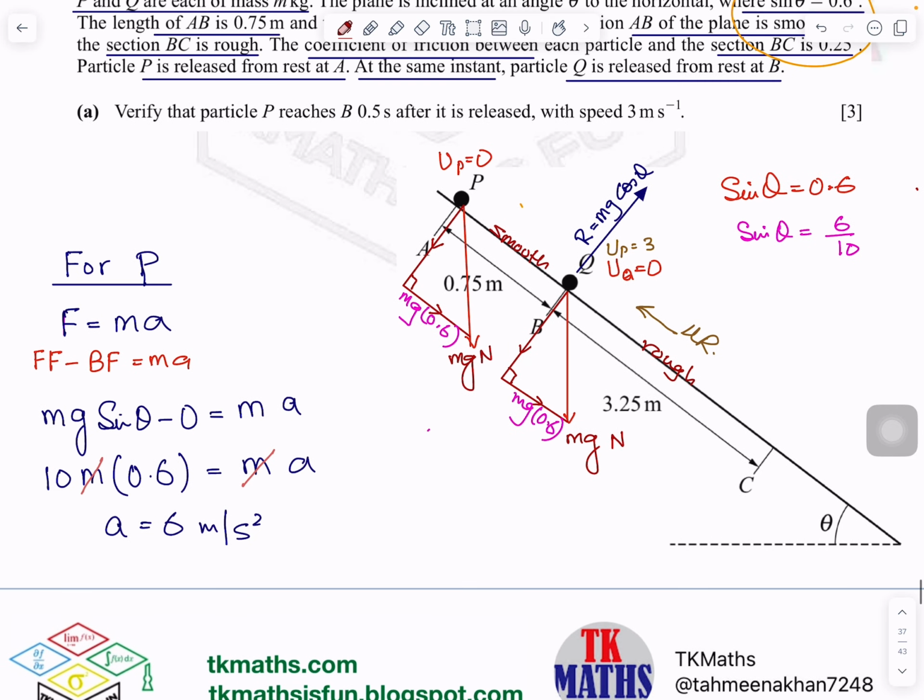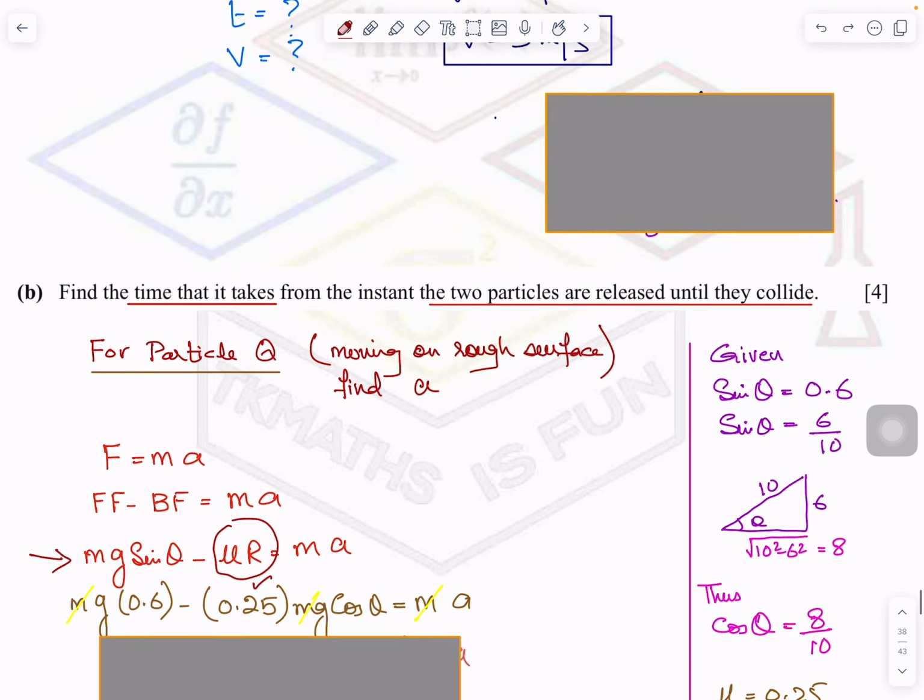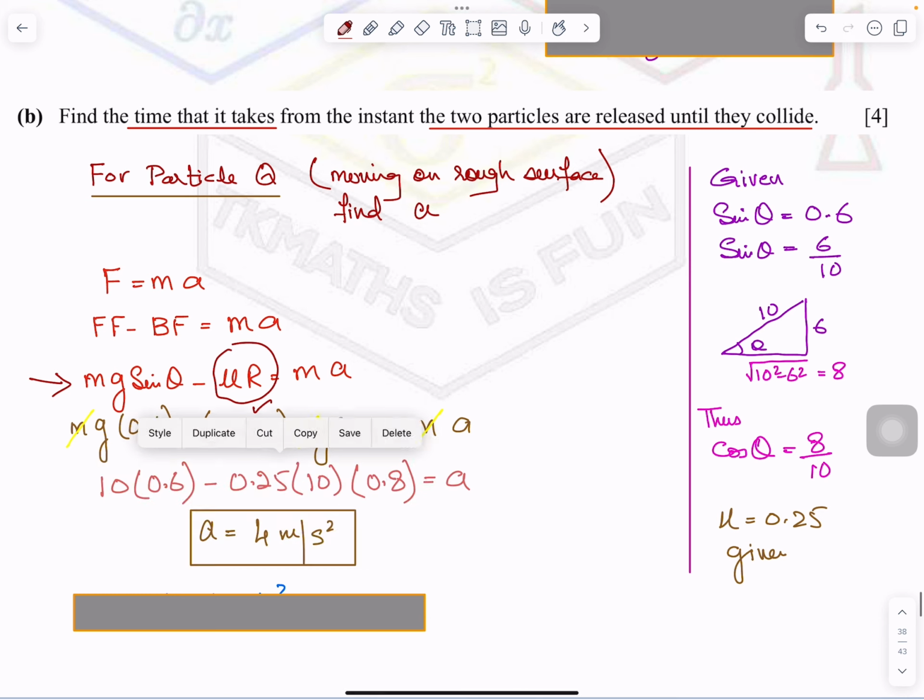If you look at this diagram, at Q the R is here. It is perpendicular and opposite to the plane at the point of contact. So R equals mg cos theta, which is this side. Now you are simply substituting the values in it and you got acceleration 4.